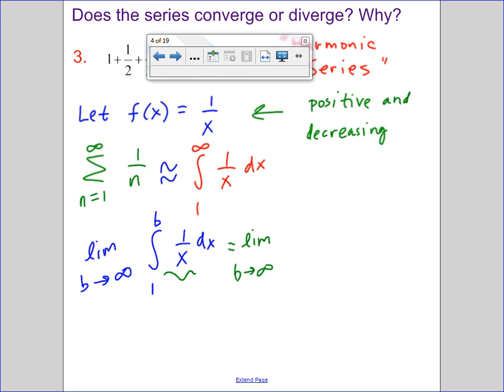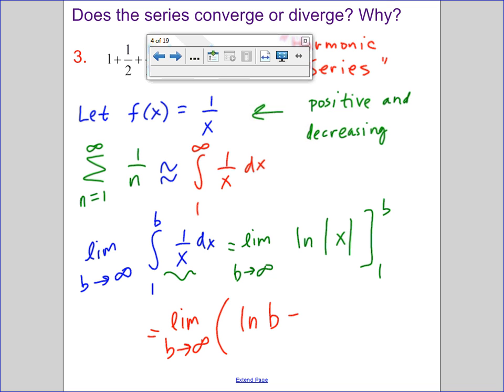Well, certainly that's just the natural log of absolute value of x, evaluated from 1 to b, which in turn is the limit as b goes to infinity of ln of b, because b is positive, I don't need the bars, minus ln of 1. And ln of 1 is 0, so I can evaluate that.